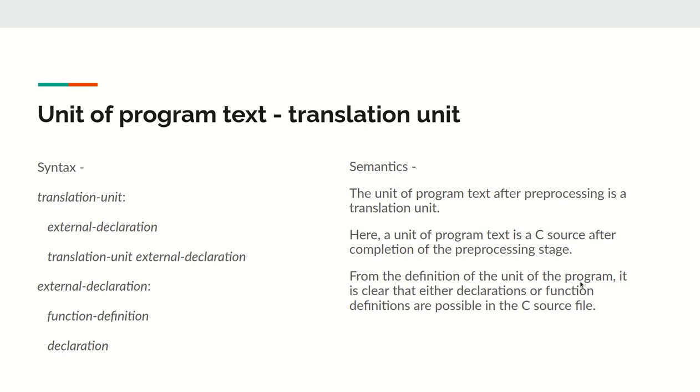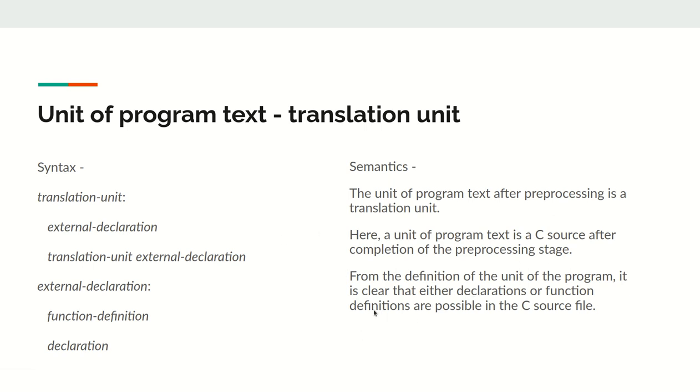From the definition of this unit of one source file after pre-processing, it is getting clear that either declarations or function definitions are possible in the source file. Whatever preprocessor-related tokens and directives exist will be pre-processed, and it comes to a stage where only the tokens handled by the compiler will be available.